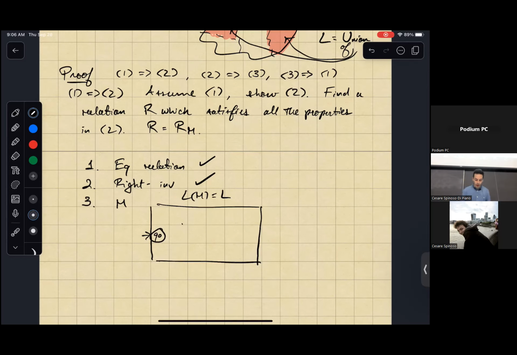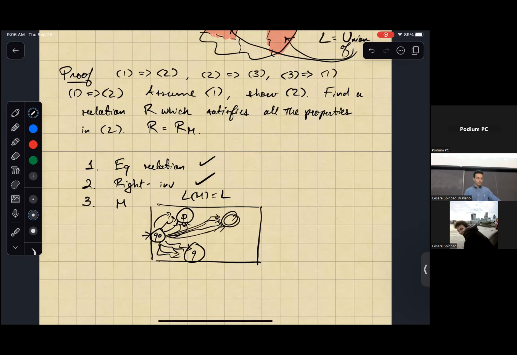Perhaps I have some other state P, and I have some strings that all go to P. Then I have some other strings that maybe go to this state Q. And then maybe I have an accept state here, and I have strings that go to this accept state.